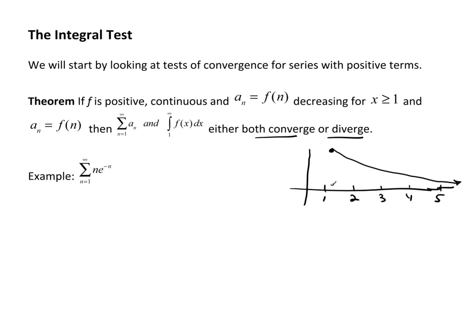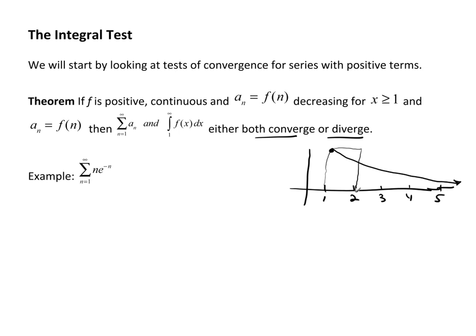Now, my series starting at 1, if I think of the area under the curve based on the series, if I think of the distance between 1 and 2 as being 1, then I come up to the curve, and I basically have a box. This box has area equal to a_1, because it's 1 times the height, which is a_1.